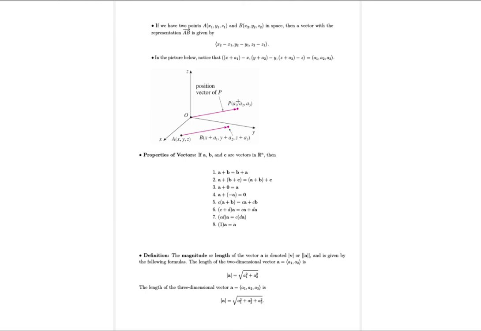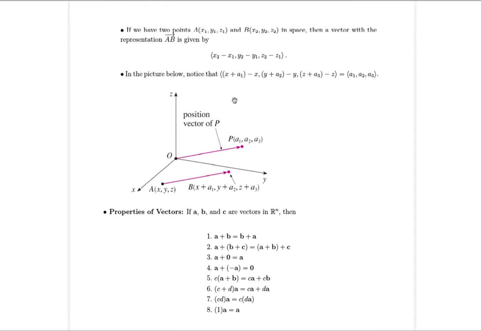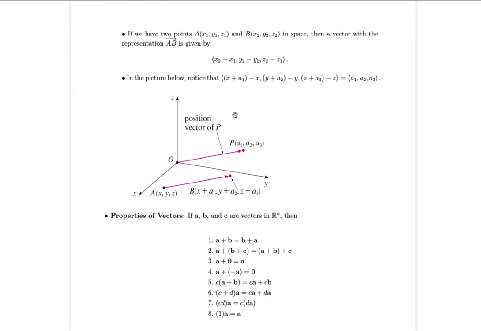So if there's one thing that I think will really help you in the coming sections, it's this idea that vectors are mobile, right? And it doesn't change what the vector is when you talk about moving that vector around.